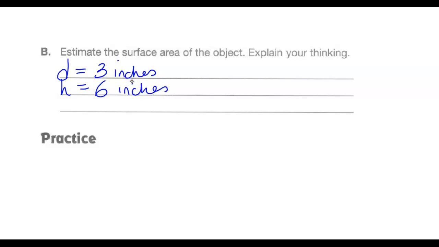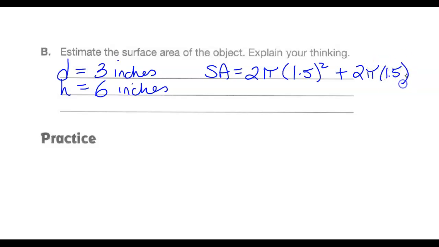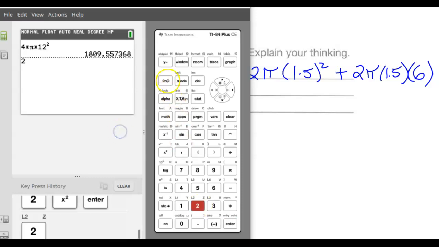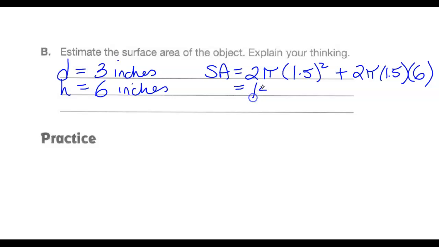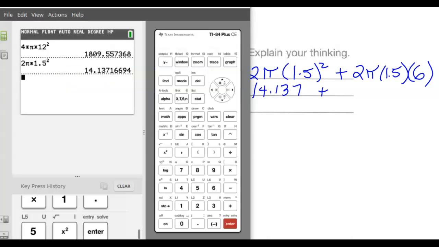Surface area would be 2 pi times the radius, which would be half of 3, so 1.5 squared, plus 2 pi r, which is 1.5, times the height, which is 6. 2 pi times 1.5 squared is 14.137. You don't have to be quite as accurate with rounding because it's an estimate anyway.